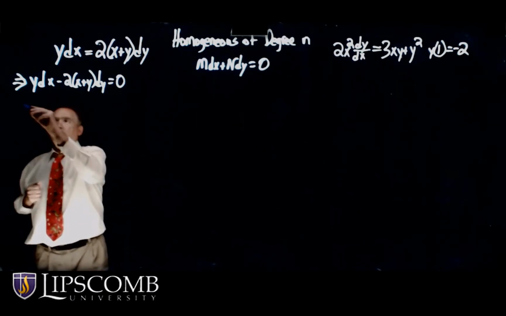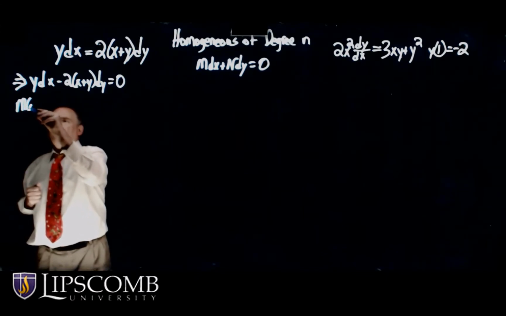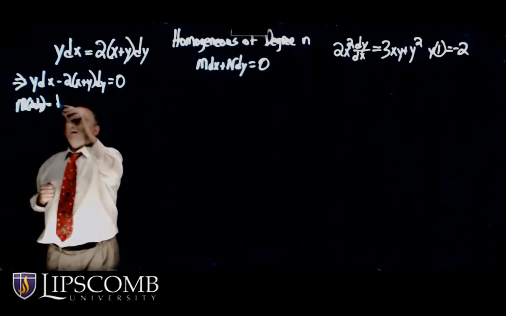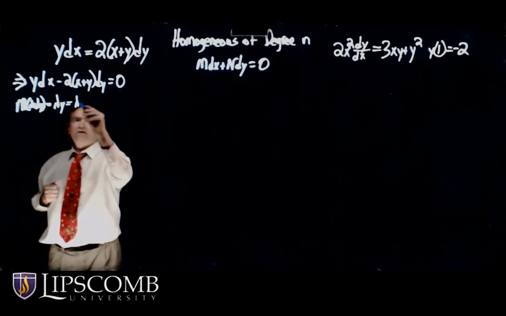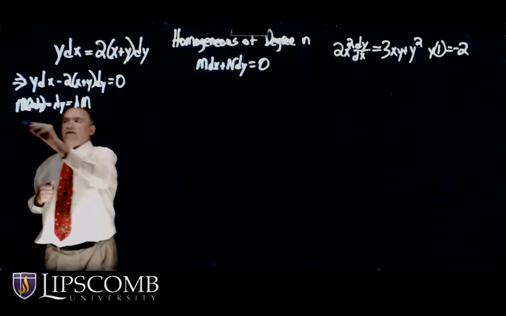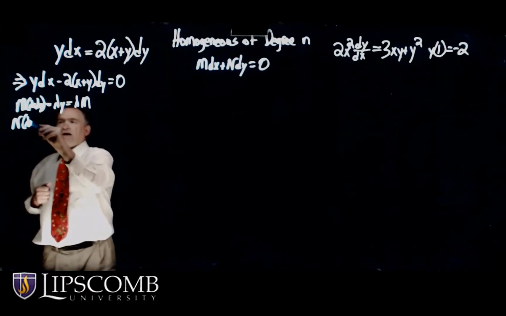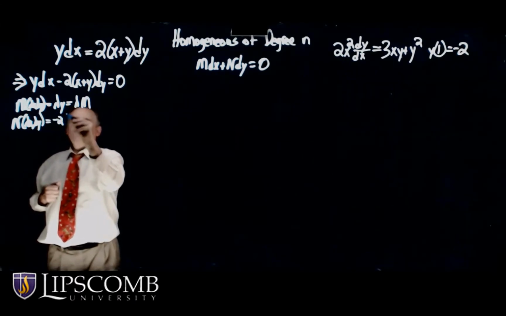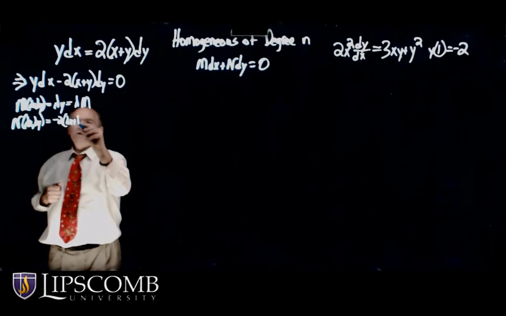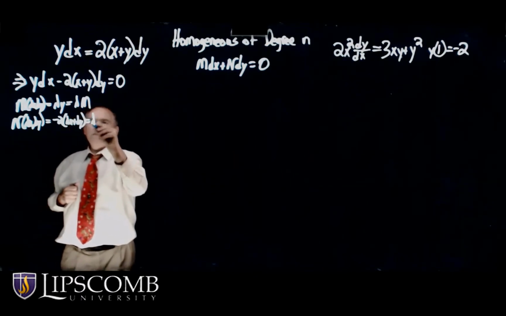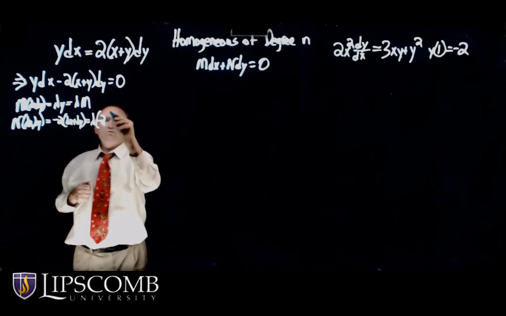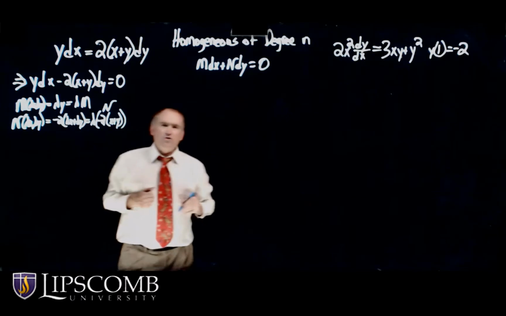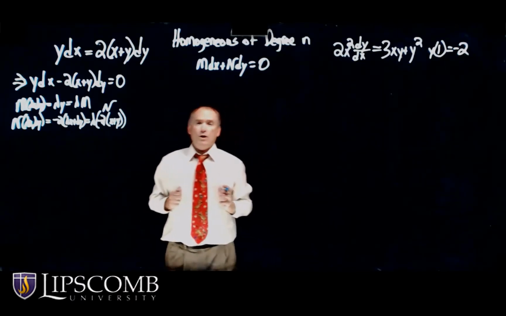Just to show you, M of lambda x, lambda y would be lambda y, which is lambda times M. And then N of lambda x, lambda y would be minus 2 times lambda x plus lambda y, which would be lambda times minus 2 times x plus y, which of course is N. So they're both homogeneous of degree 1.